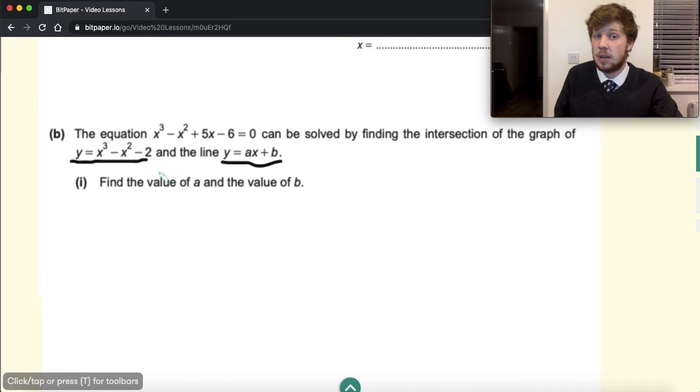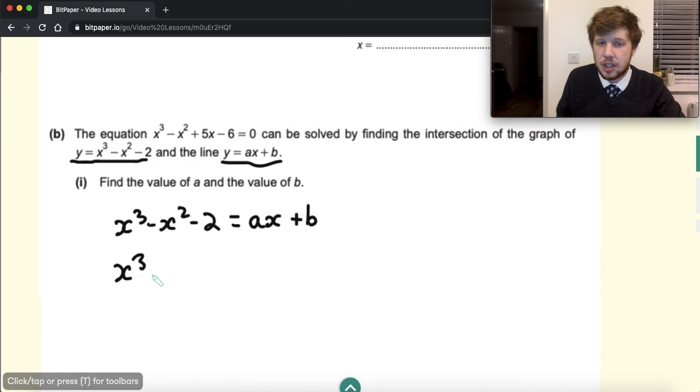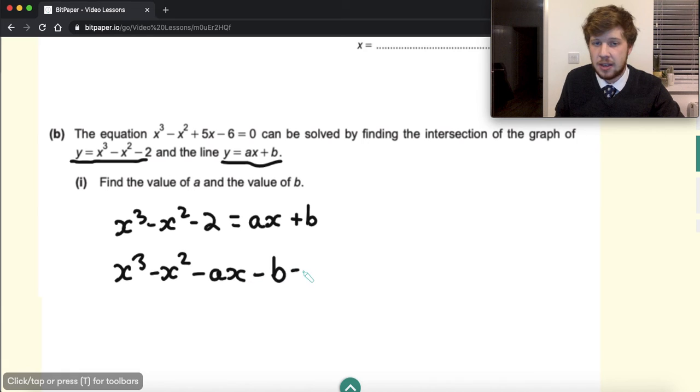So that's exactly what I'm going to do. I'm going to set x cubed subtract x squared subtract 2 equal to ax plus b, and I know that I need to get that equal to 0, so therefore it's x cubed subtract x squared, take away ax, take away b, take away 2, equals 0.